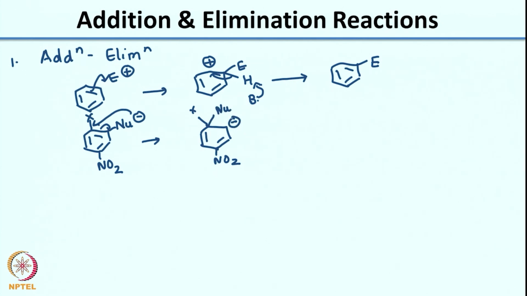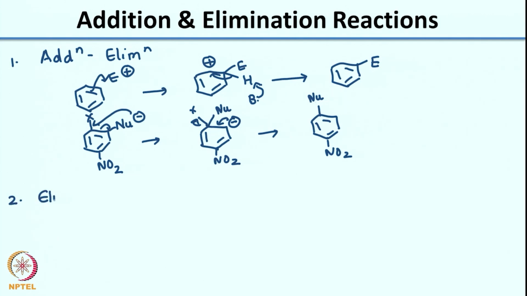The negative charge is actually stabilized by an electron withdrawing group, and then the next step would be elimination. So these are examples of addition elimination reaction.